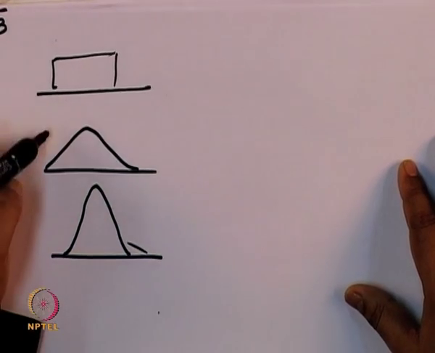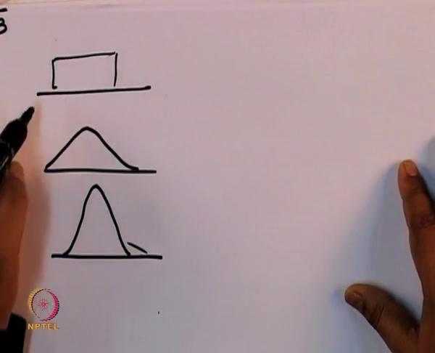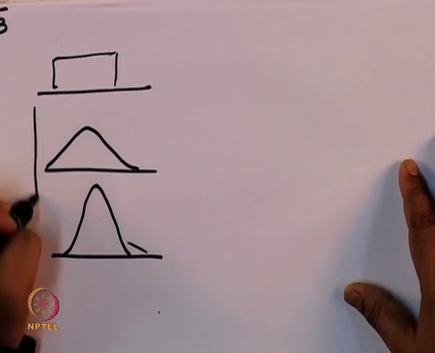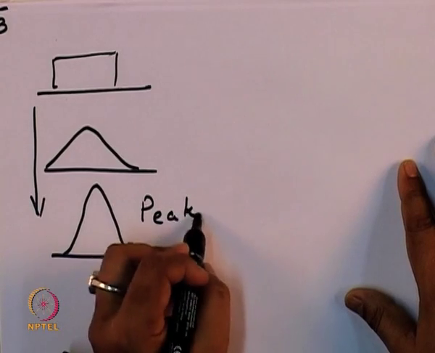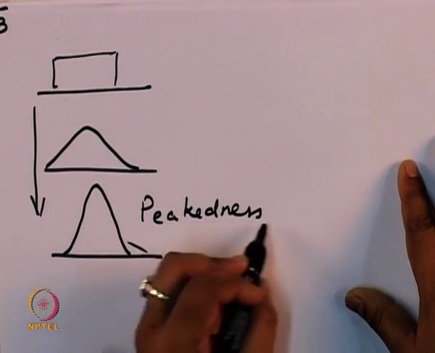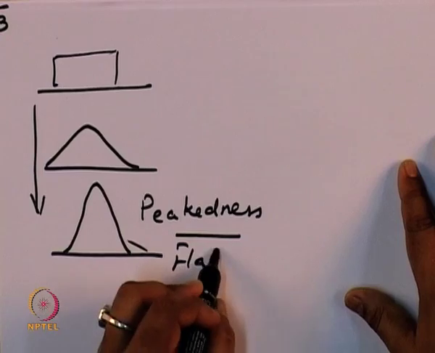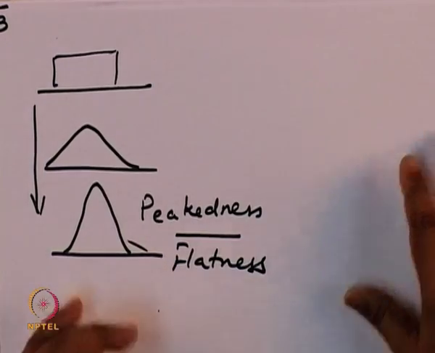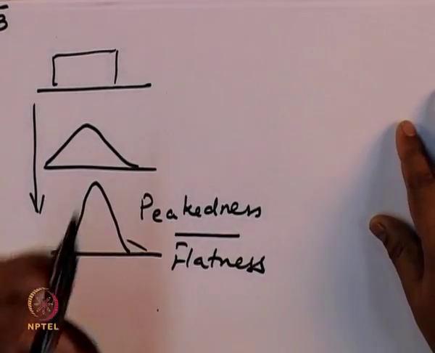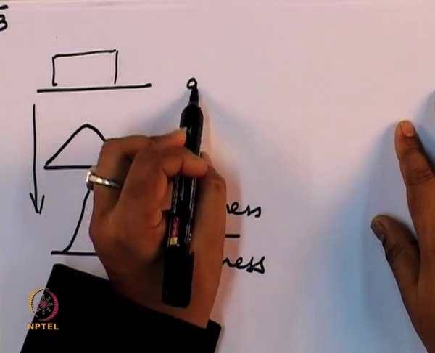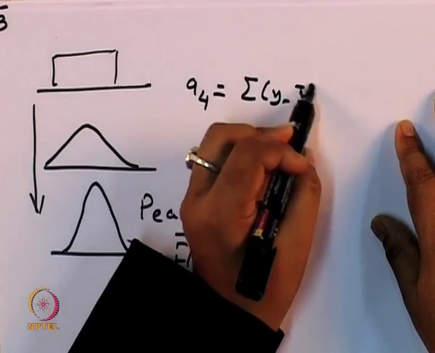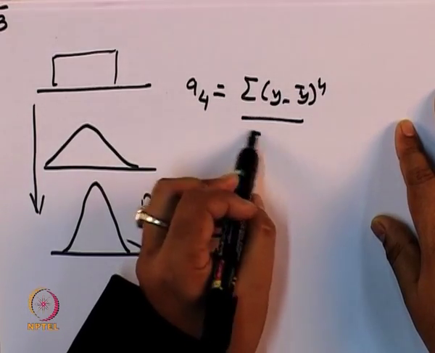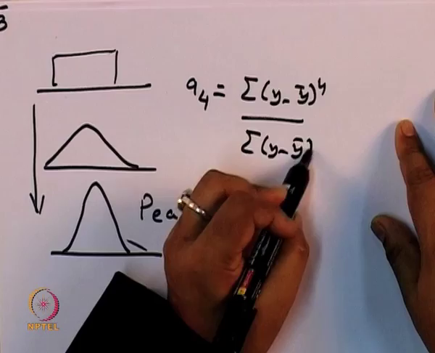What I see is the peakedness of the curves is increasing. It measures the peakedness or flatness of a curve. And it is given by this metric A4, which is defined by summation y minus y bar whole to the power 4th by summation y minus y bar whole square.